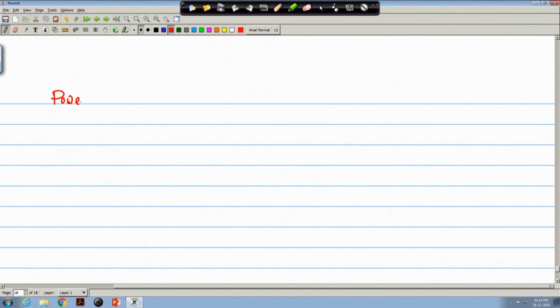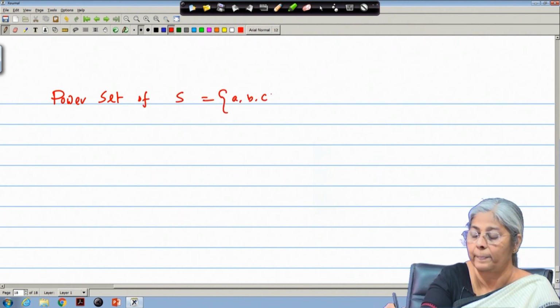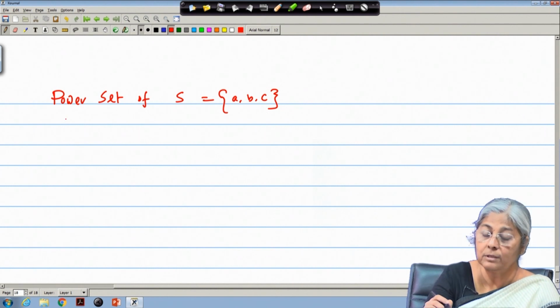So, earlier we have considered some power sets, if we remember the examples of power set of S equals ABC, then it always has a least upper bound.